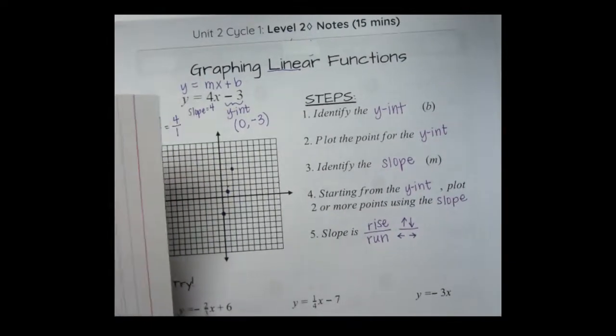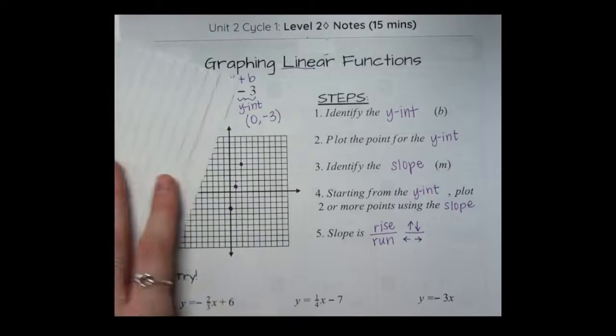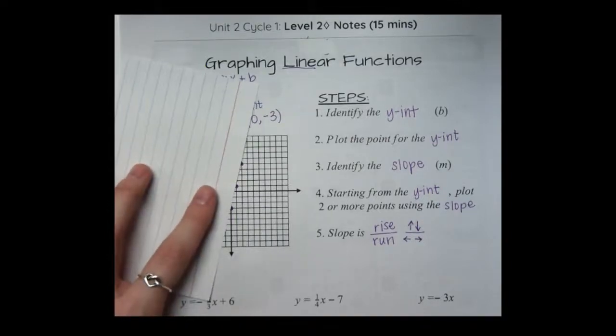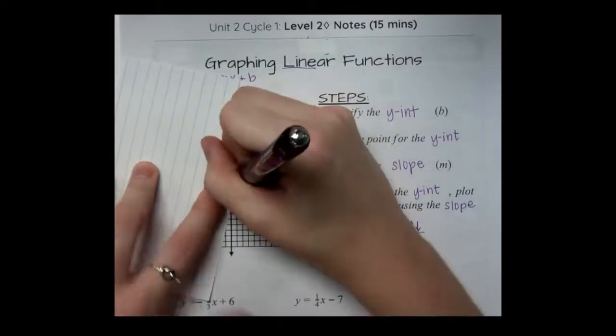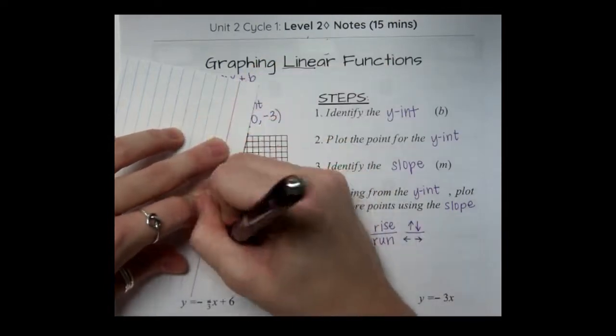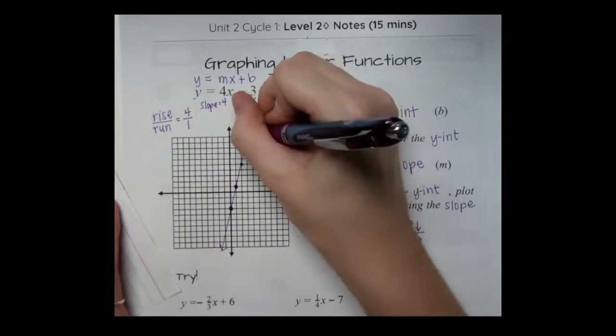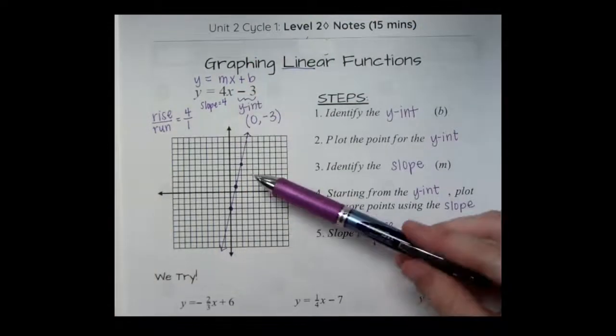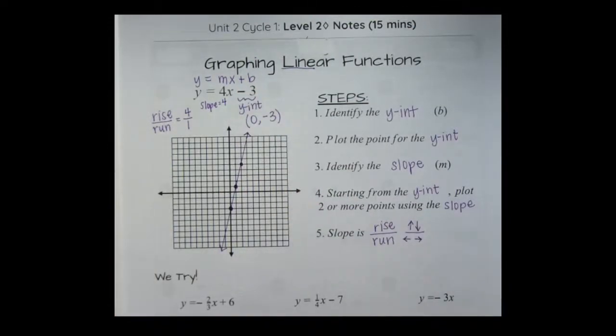You can use your ID or a ruler or another piece of paper, and we're going to draw a line through these 3 points. Now, this line needs to go all the way through the graph. Not just through your 3 little points, but all the way through the graph. That's it. So let's use these same steps and let's try 3 new problems.